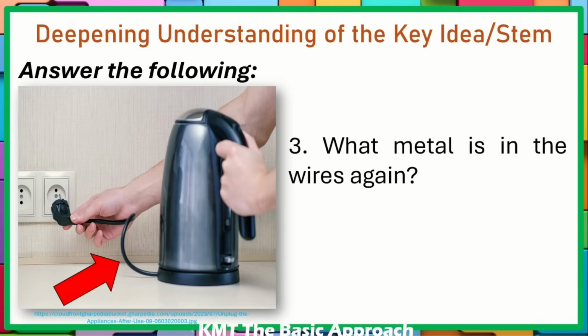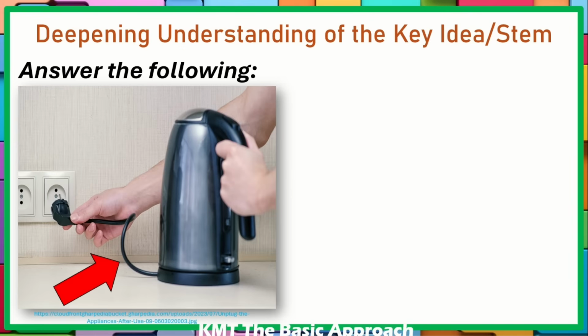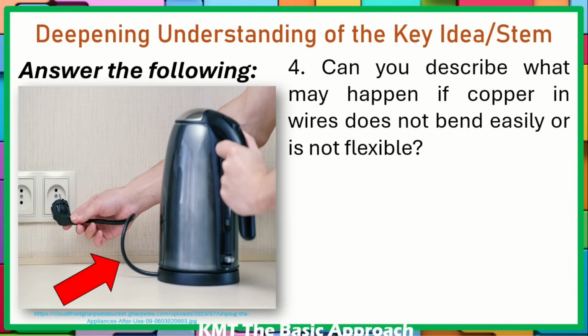What metal is in the wires again? Correct! The copper. Number 4. Can you describe what may happen if copper in wires does not bend easily or is not flexible?